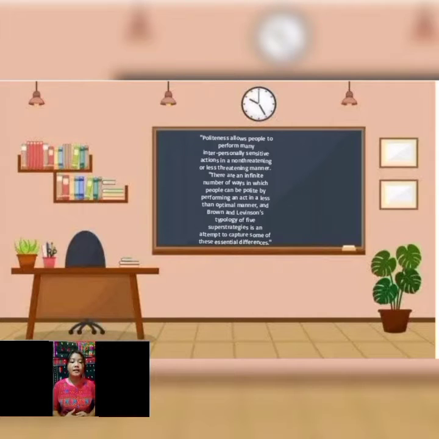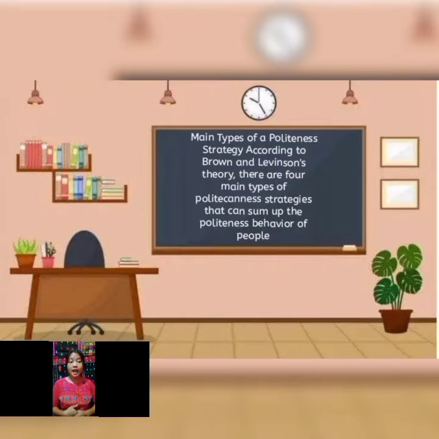There are an infinite number of ways in which people can be polite by performing an act in a less than optimal manner, and Brown and Levinson's typology of 5 super strategies is an attempt to capture some of these essential differences.